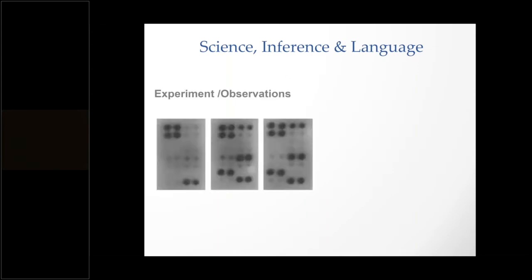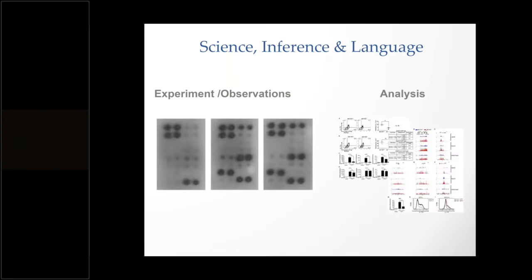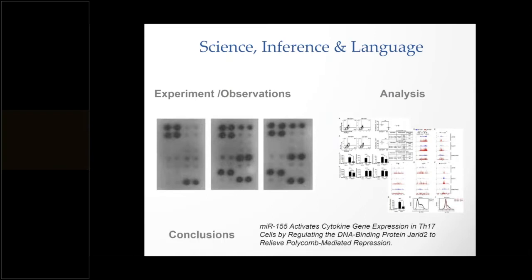So let's start by defining what we mean by inference. A typical scientific pipeline contains some observations, some data collection, some analysis of this data using most likely some statistical methods, but commonly ends with a linguistic artifact, a set of conclusions that we use to communicate the main outcome of that.